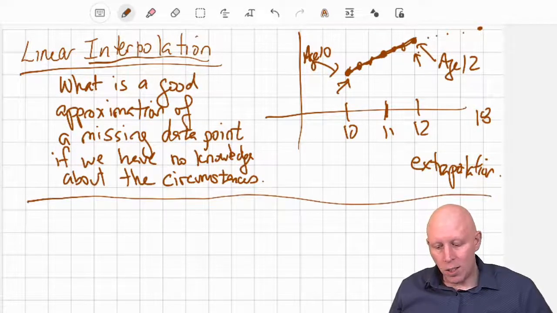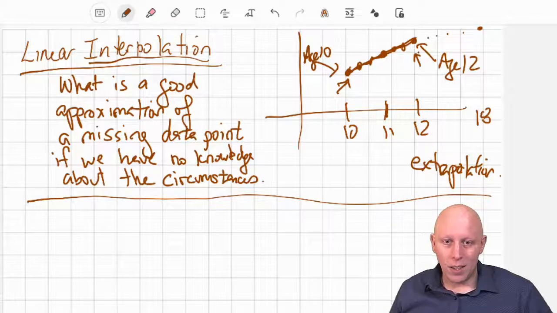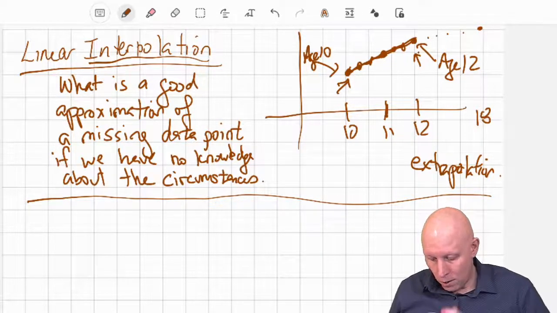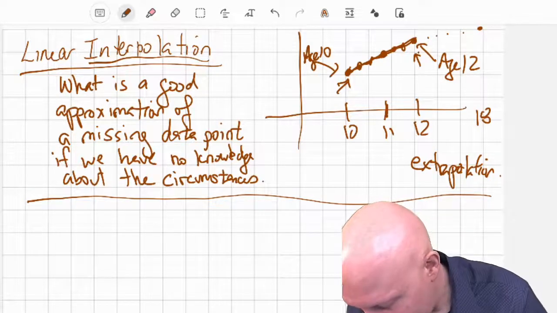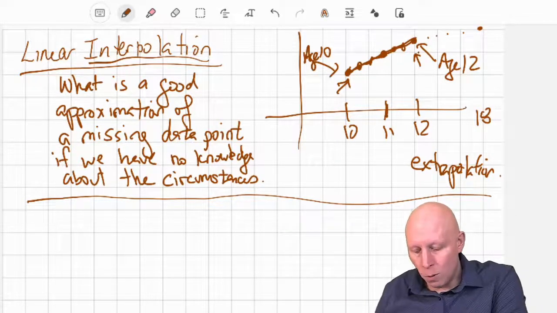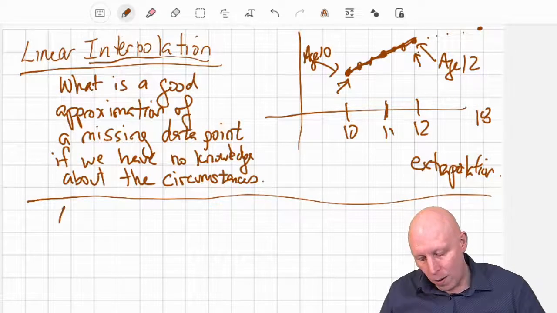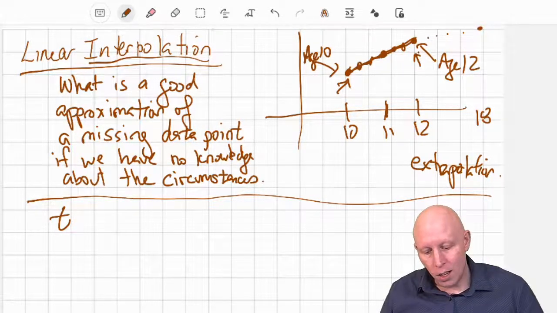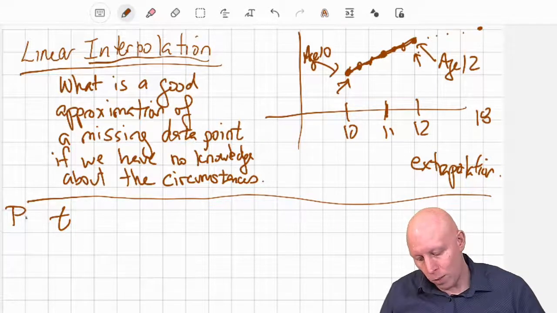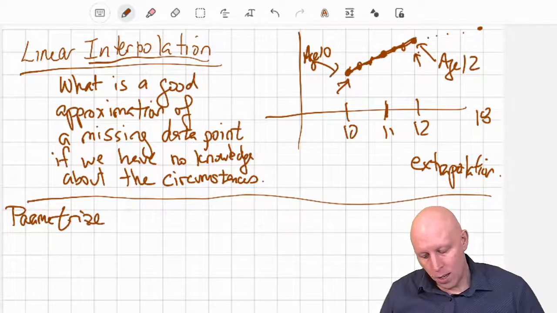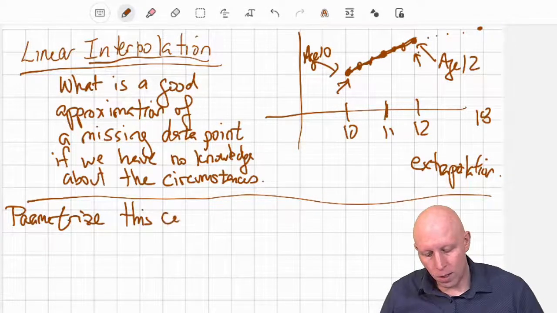All right, so let's talk about the math behind that. Let's do a parametrization of this curve.